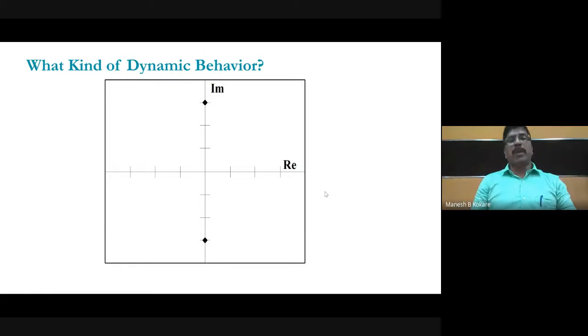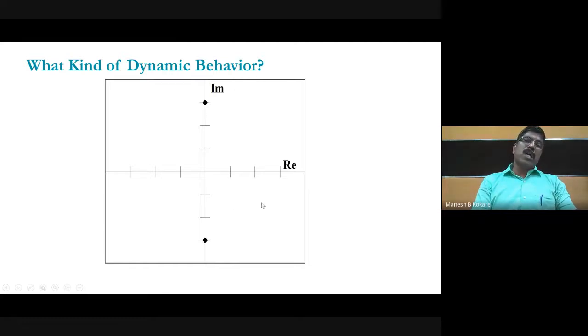Such dynamic behavior occurs when the system is marginally stable or limitedly stable, because when poles are on the imaginary axis, that system is considered marginally stable. When poles are on the left hand side of the S-plane, the system is considered stable.